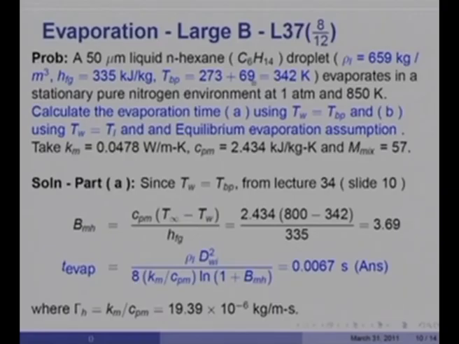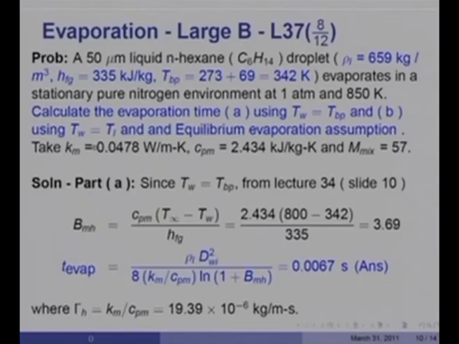Its boiling point is 69 degrees centigrade or 342 K. It evaporates in a stationary pure nitrogen environment at 1 atmosphere and 850 Kelvin. So, calculate the evaporation time using T W equal to T Bp and using T W equal to T L and equilibrium evaporation assumption.